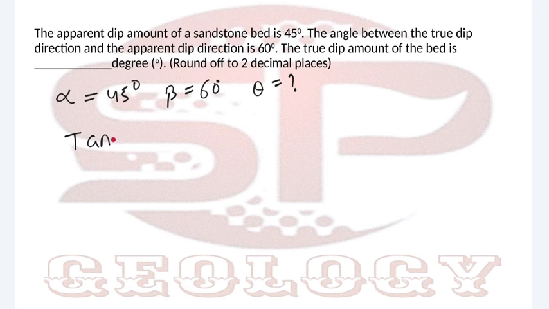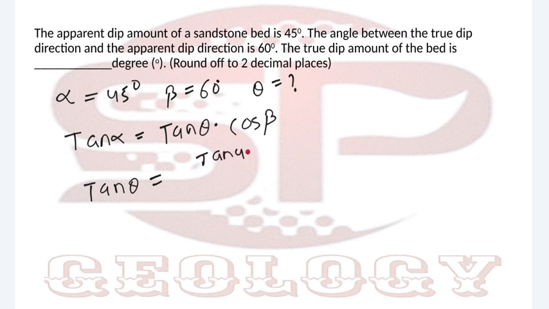Tan alpha equals tan theta into cos beta. So tan theta will be tan 45 degree divided by cos 60. Theta will be 63.4.